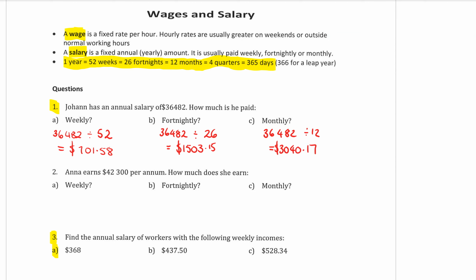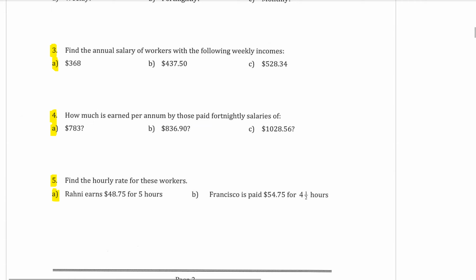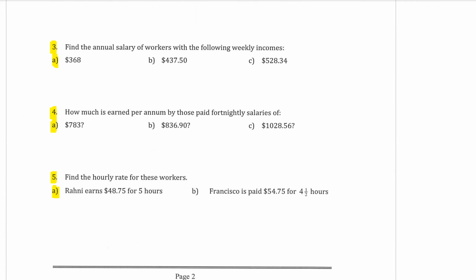Okay, so question 2 is very similar. You can do that one in a minute. Let's skip down here to the next highlighted question, which is question 3A. So it says, find the annual salary of workers with the following weekly income. So this time I'm given the weekly income is $368, and I'm trying to find how much the person would get for the whole year.